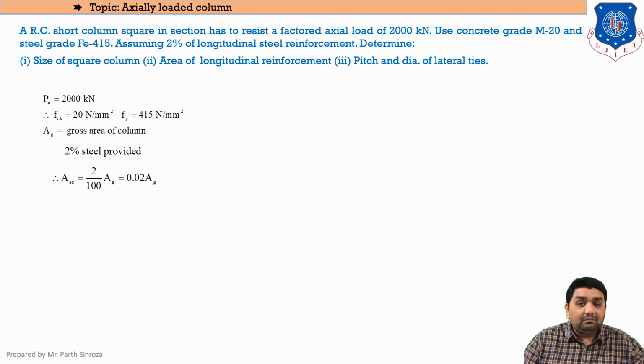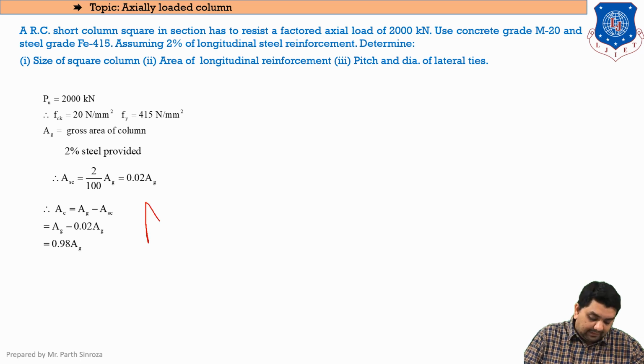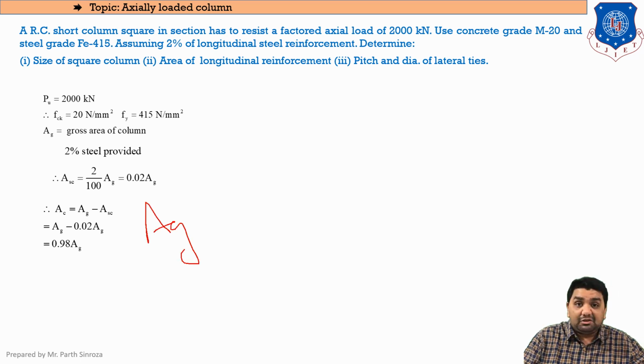Now this is the equation for ASC, that is area of steel in compression. From this we will find the value of the area of concrete. As we have discussed, the gross area AG comprises two materials, that is concrete and steel. So the total area comprises only these two things.